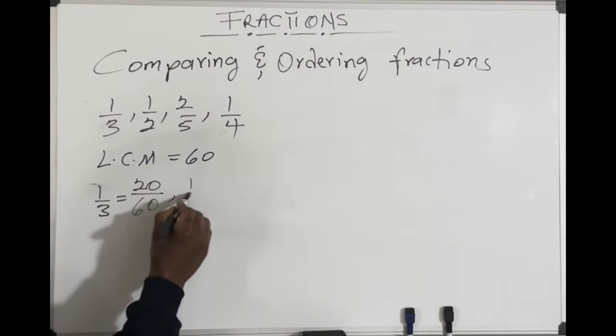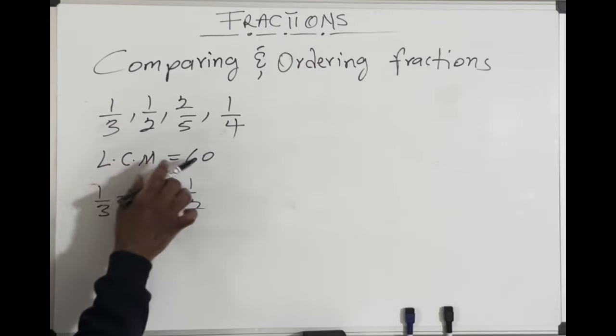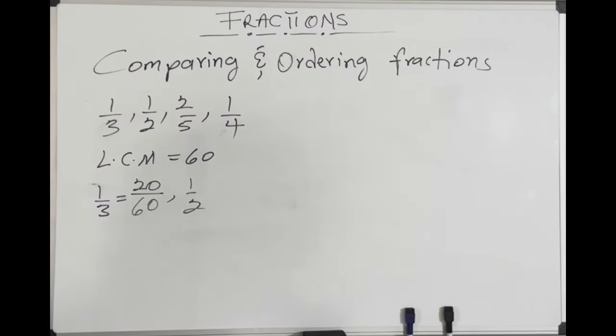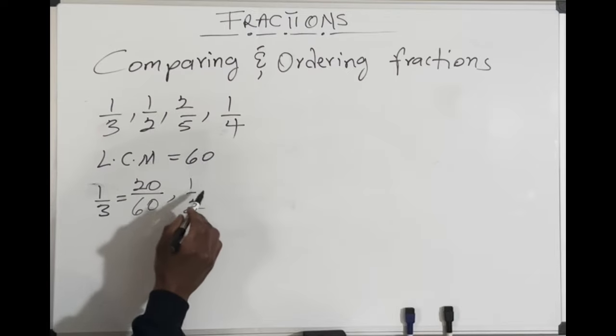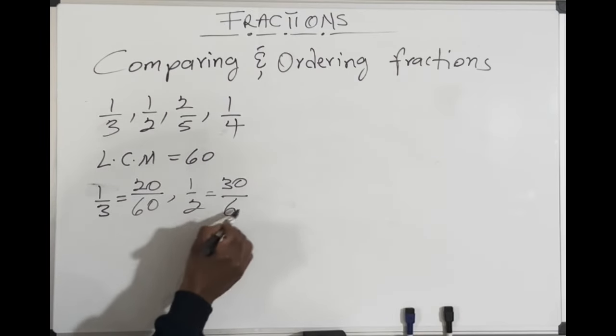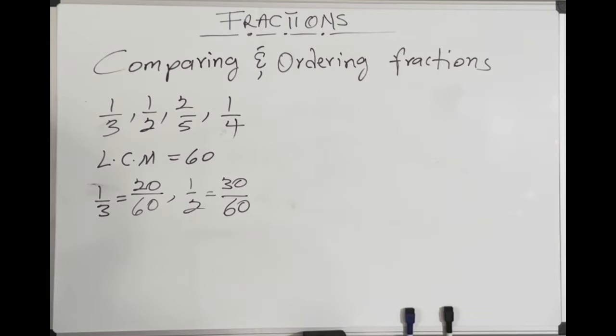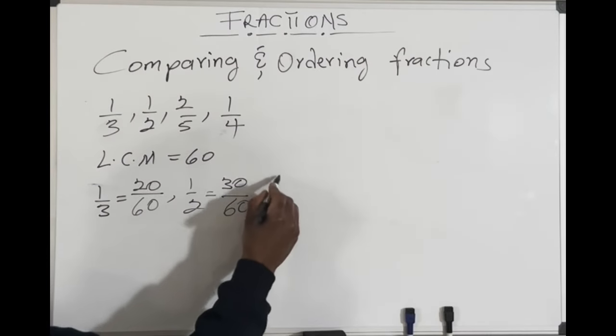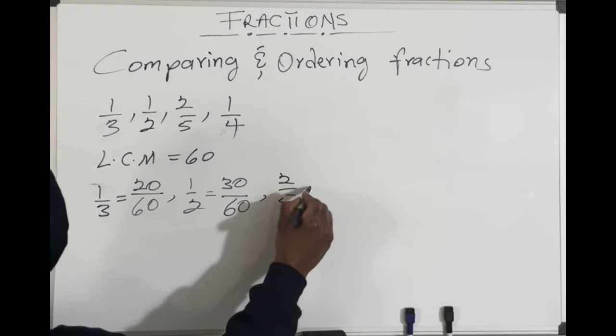Then 1 over 2, the same way. One number will go to 60 when multiplied by 2. I think 30. So we multiply the 30 by the 1, just 30 over the least common multiple.